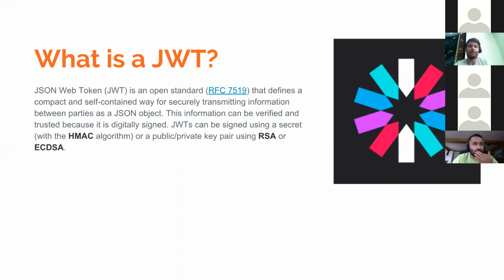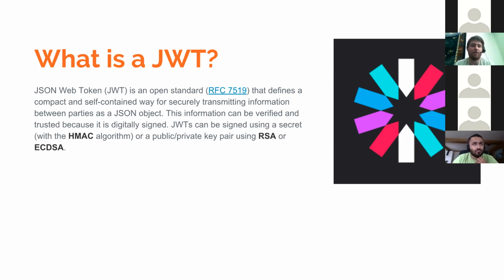But it says it defines a compact and self-contained way for securely transmitting information between parties as a JSON object. You know, and then there's a little bit more data there, which you feel free to read. This doesn't totally encapsulate what it is for most people, but I just put it in there to kind of introduce, okay, what is it?